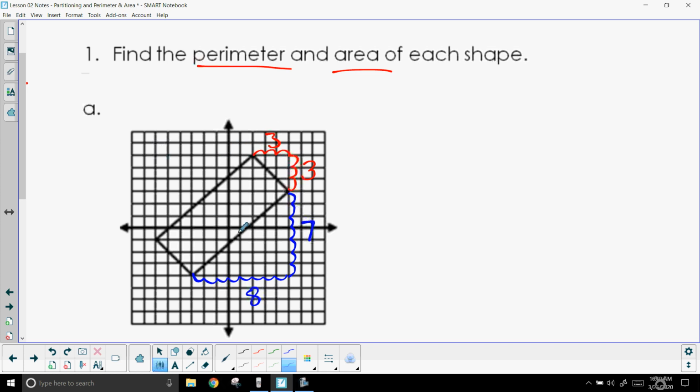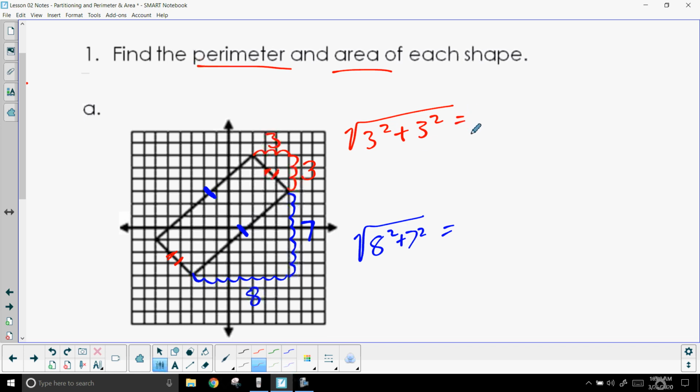So I can take my little shortcut to get these lengths. Get your calculator and square root.